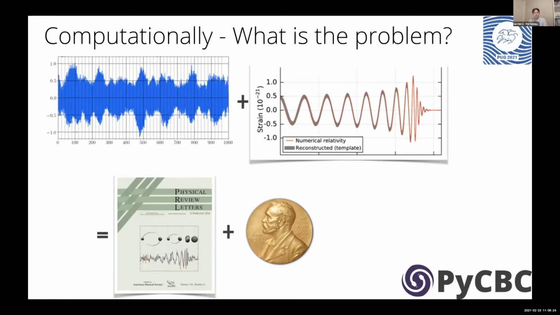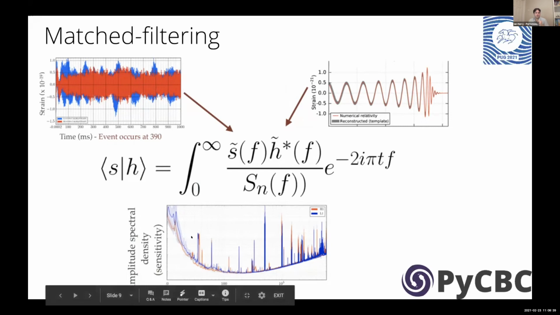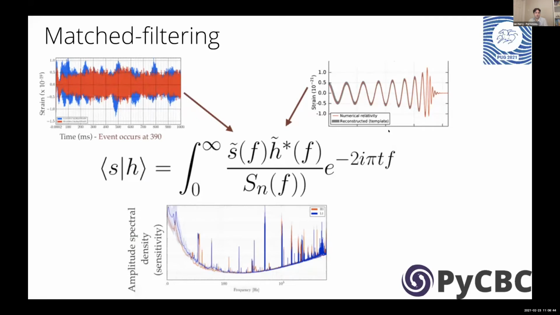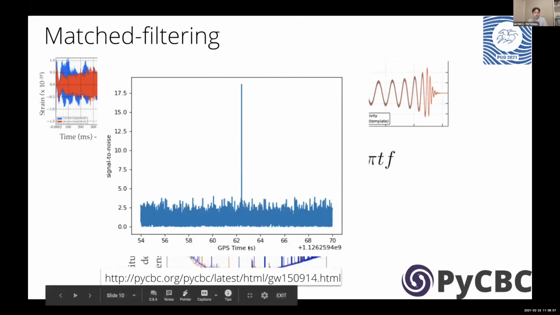Luckily, this is a problem that's existed for quite some time and has a reasonably well understood solution. The idea here being that of match filtering: if you understand the character of your noise, if you understand the various noise sources in play and can figure out sensitivity as a function of frequency, and you know what you're looking for by producing these template waveforms, and you have obviously the data, you can combine them together, feed it through this mathematical machinery, and you can produce something like this, a signal to noise ratio time series, where here you have time on the x-axis and signal to noise ratio on the y-axis.